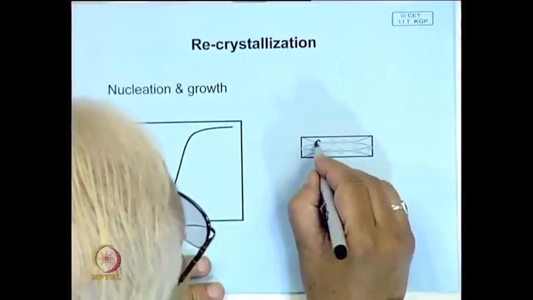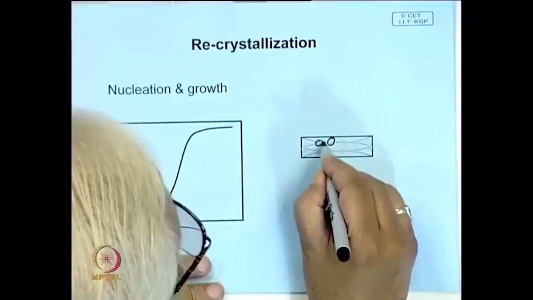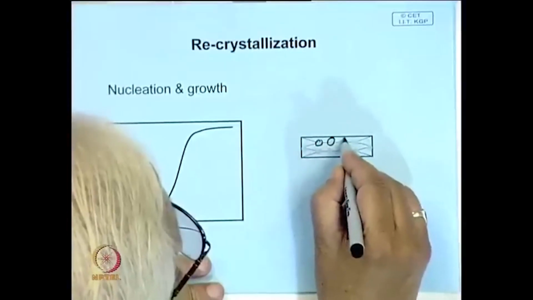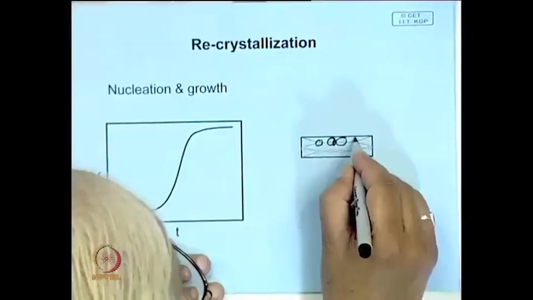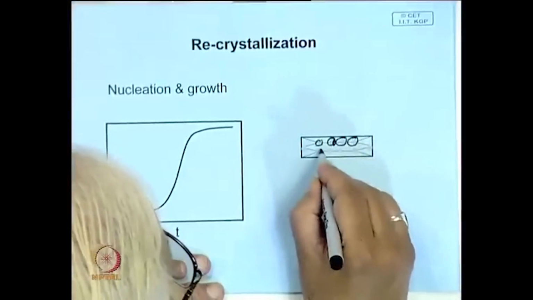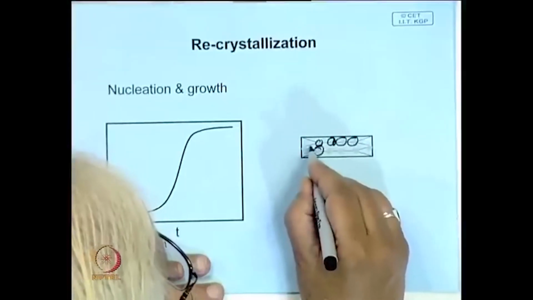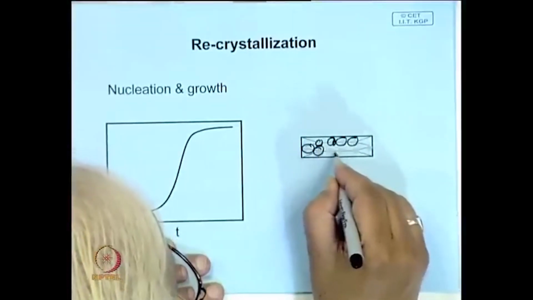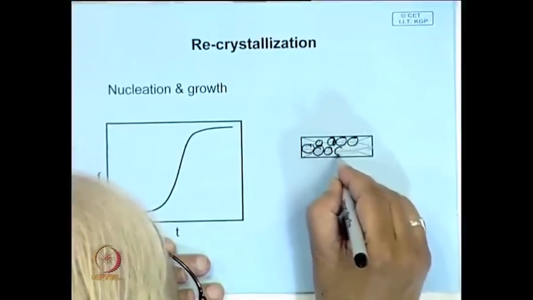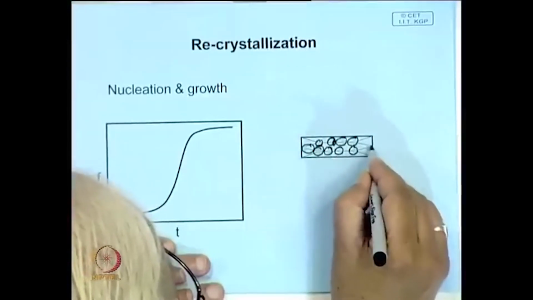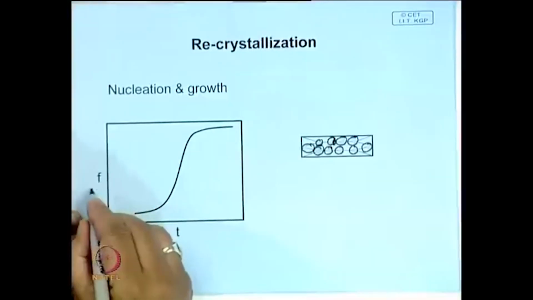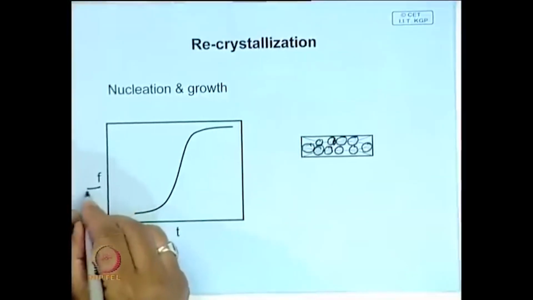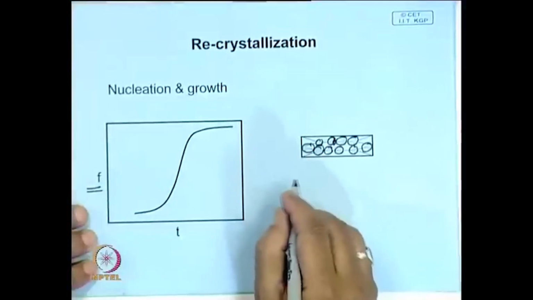If these grow, finally a stage will come when they will touch each other, and when they touch, the growth will decrease. When these recrystallized grains touch each other, because of that impingement factor, the rate of growth will slow down.